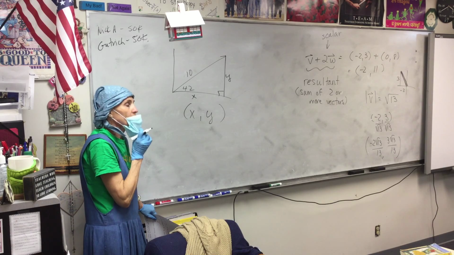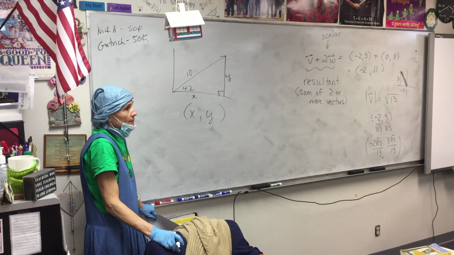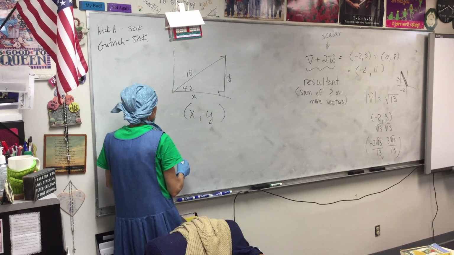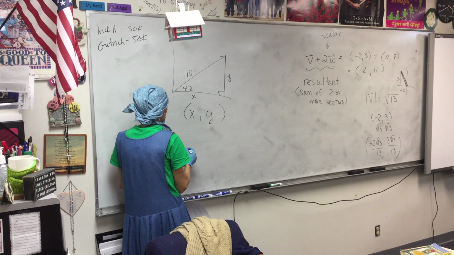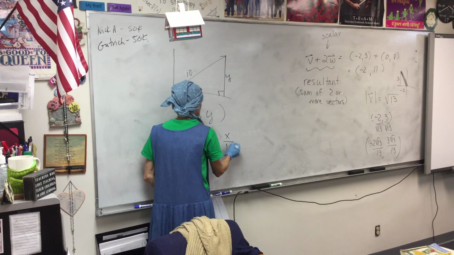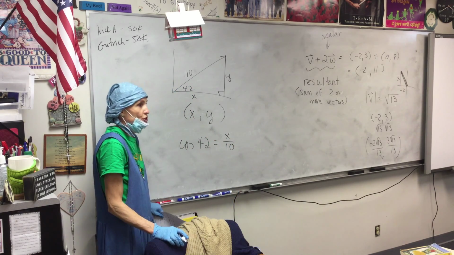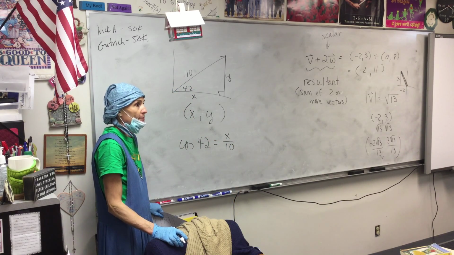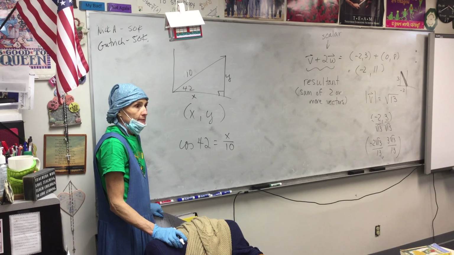Look back at your notes. We did about a zillion of them. So you'll do x over 10 equals cosine 42. Exactly. Cosine 42 equals x over 10. Thank you, Jamal. We're just using SOHCAHTOA, right triangle trigonometry. Right?